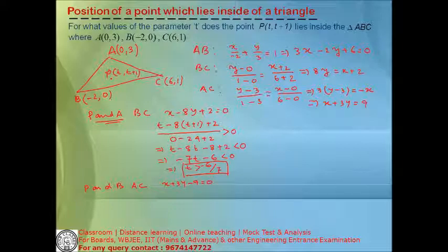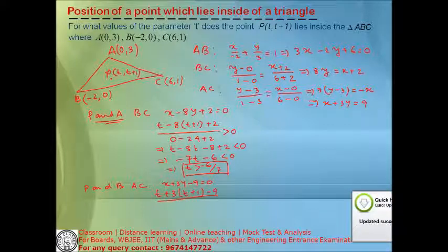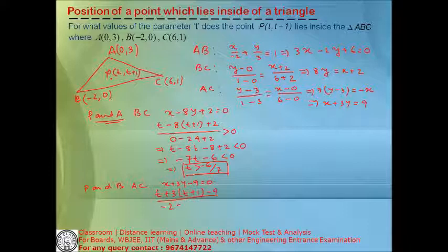Since these two points are lying on the same side of AC, hence we get the expression divided by that at point B, which is minus 2 plus 0 minus 9, which is greater than 0 again.